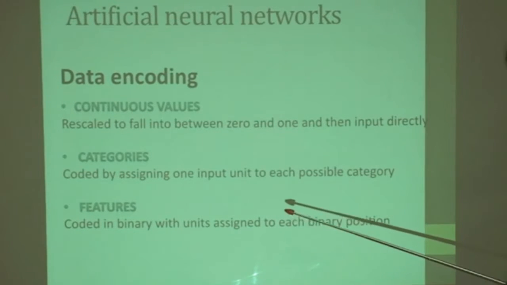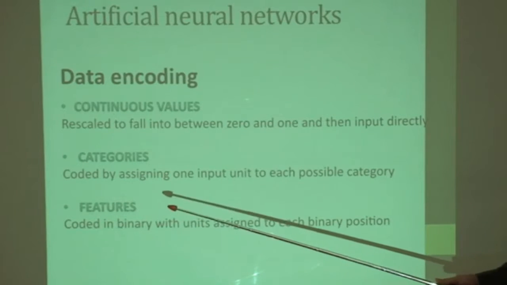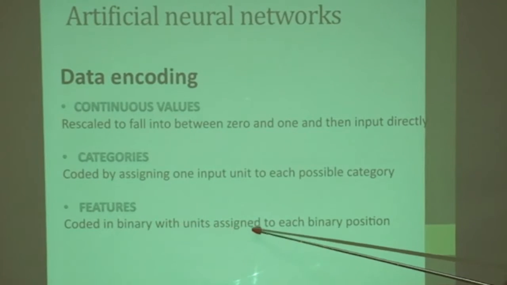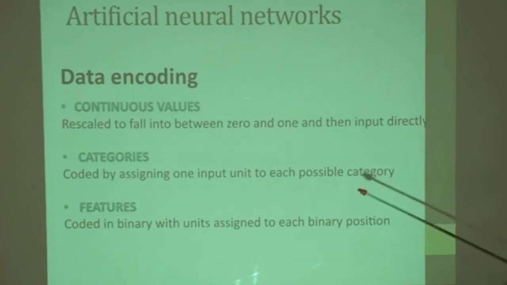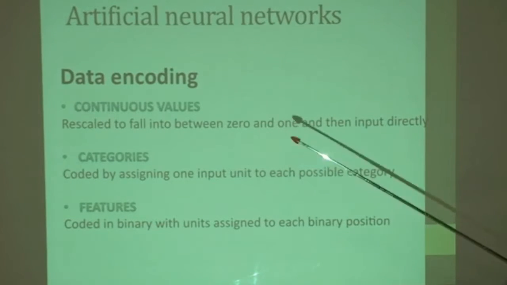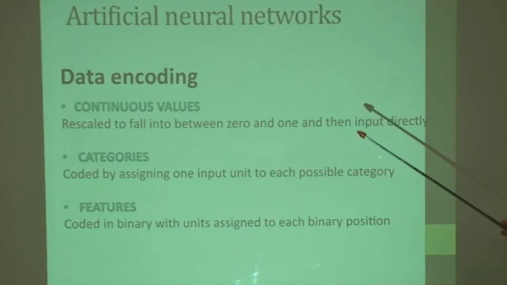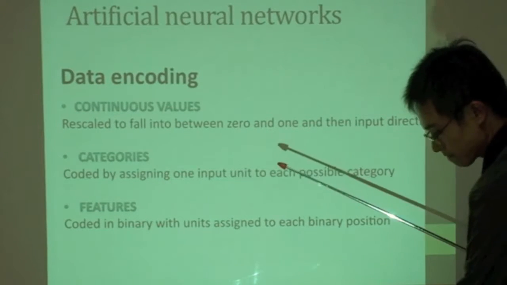And if the input data are features, we code them in binary units that are assigned to each binary position. This is the basic principle for deciding the method that we use in data encoding.